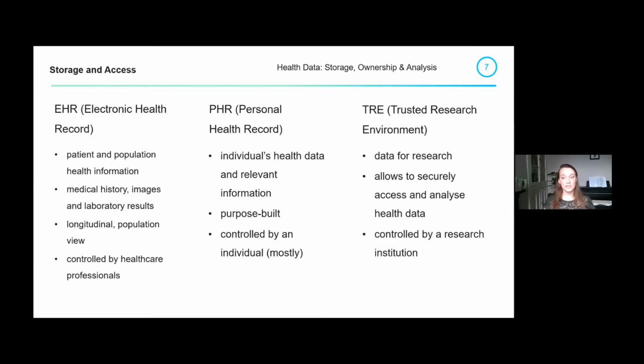However, given the complexity of such medical data, healthcare professionals often are strained with the increase of admin work required to fill in the patient details. This kind of technology contains medical history, images and laboratory results, etc. And it gives this more longitudinal population view because it is held in a shared database, or at least a complete database. And the access to this is controlled by healthcare professionals mainly.